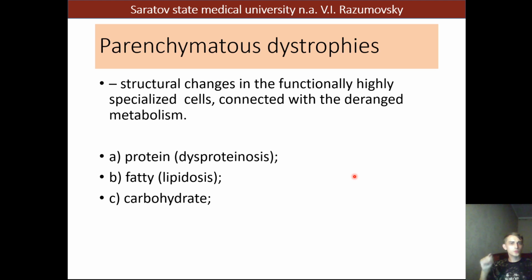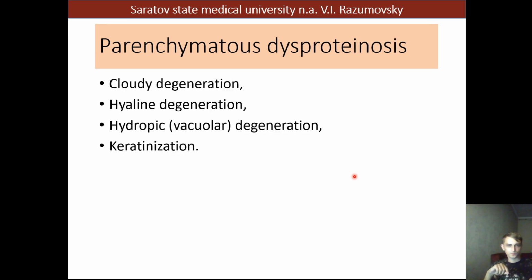So parenchymatose dystrophy is a structural change in the functional highly specialized cells connected with derangement of metabolism. It may be protein parenchymatose degeneration, fatty parenchymatose degeneration, and carbohydrate parenchymatose degeneration.